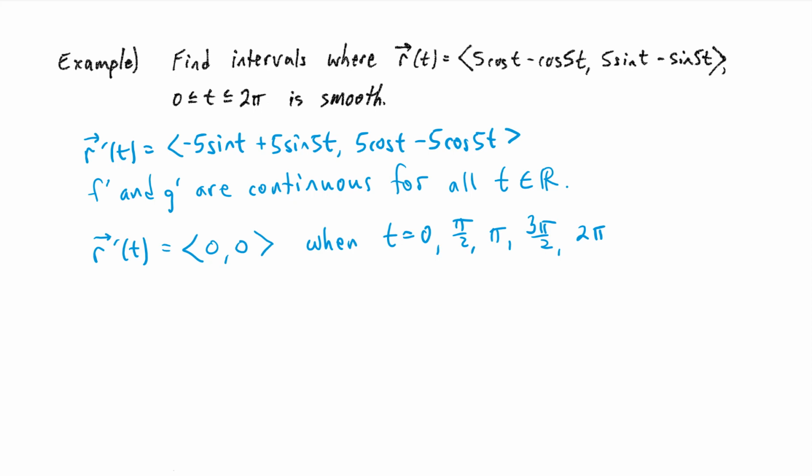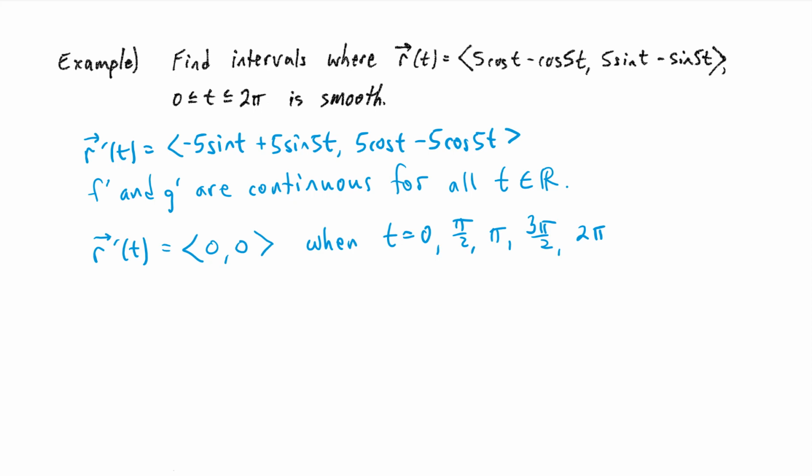And it turns out all the quadrantal angles will cause this to output 0, 0. If you don't believe me, just try it. Cosine of 0 would be 0, so you'd have 5 minus, plug in 0. Oh wait, that's the original one, sorry. Let's plug it into the derivative. Sine of 0 is 0, sine of that is 0, add them together, you get 0. Cosine of 0 is 1, so that'd be 5 minus 5 is 0. It'll be true for those other values of t also.